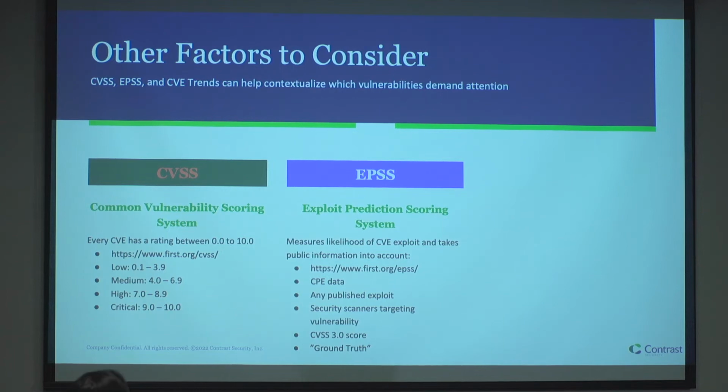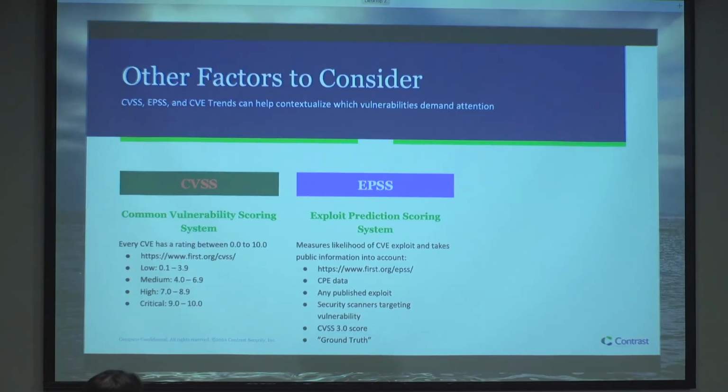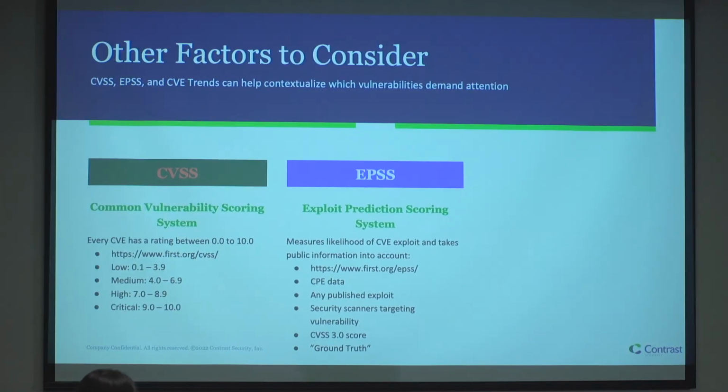And it gives you a probability score. If you go to first.org, they're the same folks who do CVSS. They actually have an API, really nice. You can look at the top 100 CVEs with the highest probability scores that they are going to be exploited.